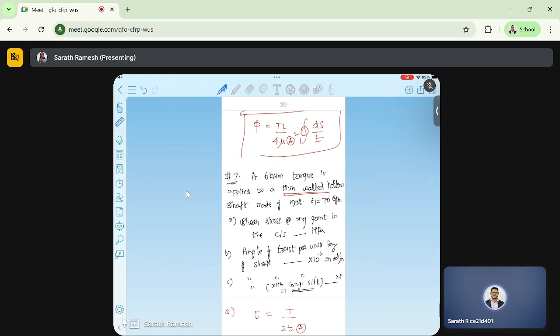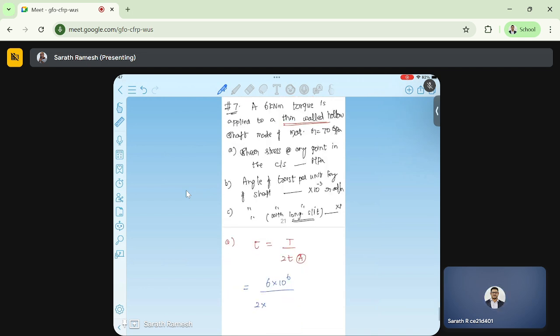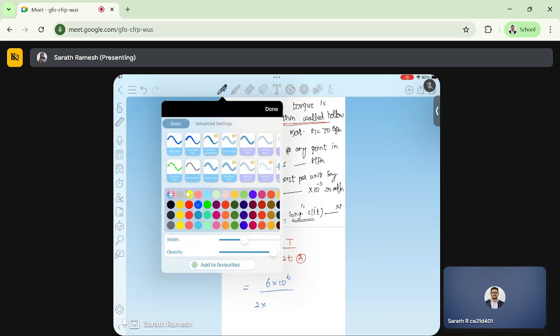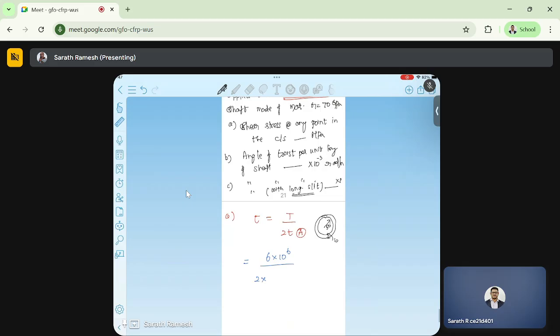Is it given in the question? Yeah, it's given in the question, I forgot to note. This is given as 50 mm and this thickness is 10 mm.